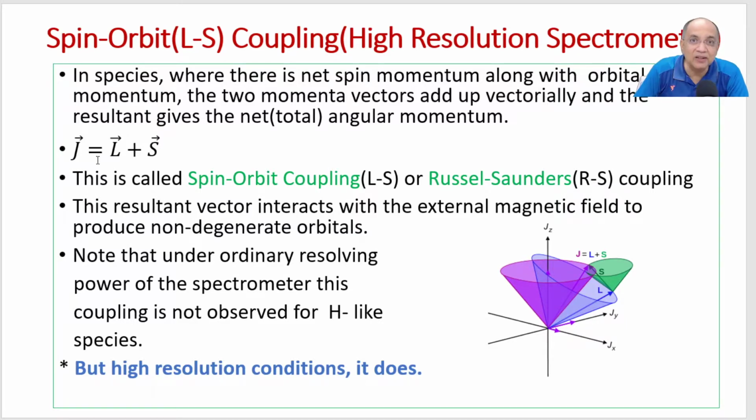Now the J vector is important. Supposing this is an L vector due to orbital motion, and this is the S vector because the electron is also spinning about its own axis. You might be surprised that this orbit has been shown a little tilted. This orbital motion of the electron is shown a little tilted, right?